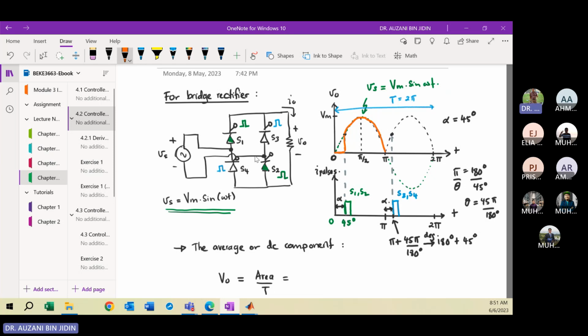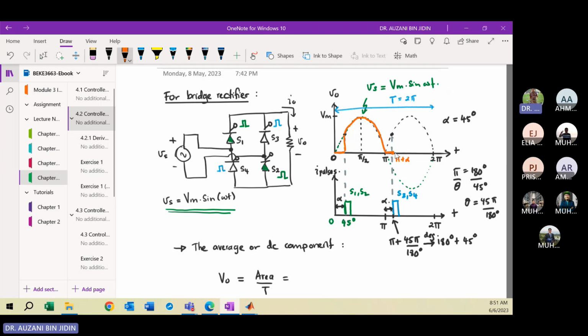So in this case your output voltage will be 0 because all SCRs block the current. No current flows to the load. So you apply Ohm's law, where your VO will be 0 since the output current is 0. Okay, clear? So that's why your output voltage here will be 0 from pi to pi plus alpha, this point.